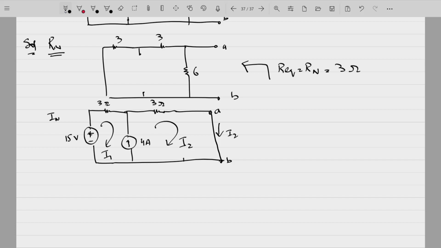Since there is a current source present in between two meshes, you can take the super mesh here. सुपर मैश की जब आप KVL लगाओगे, KVL to the super mesh, 15 volts is equal to 3I1 plus 3I2. Fine, this is one equation.